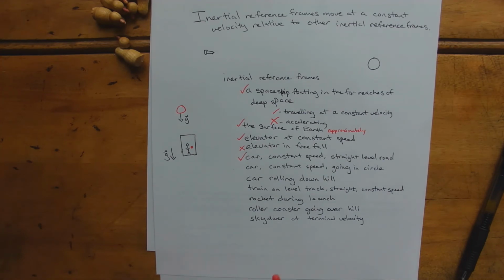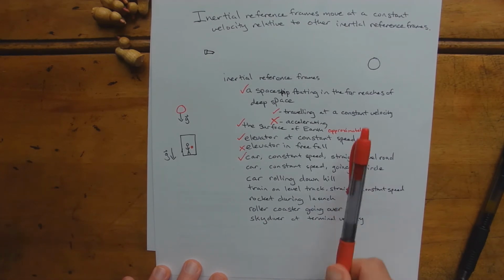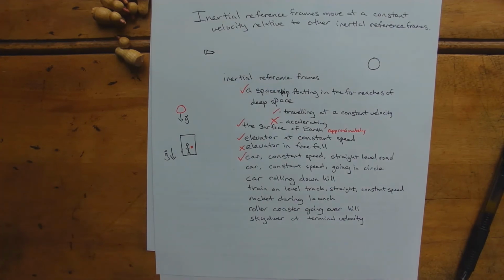If the car is going at a constant speed, but in a circle, is this an inertial reference frame? Well, you can ask yourself if it's moving at a constant velocity relative to the surface of the Earth, or you can ask yourself, if you're going around in a circle in a car, even though you're going at a constant velocity, when you turn a corner and you feel like you're thrown to the side of the car, it's not because your speed is changing, although your speed may be changing when you do that, but it's because the direction is changing.